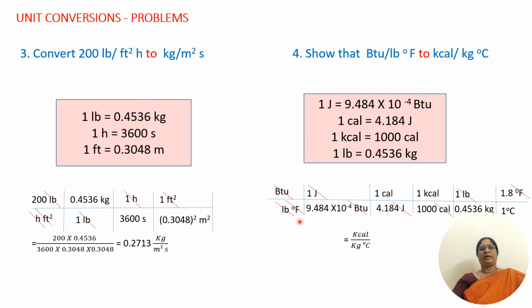Finally, for degree Fahrenheit to Celsius, it is delta 1.8 degree Fahrenheit is equal to delta 1 degree Celsius, so that Fahrenheit gets cancelled. When you multiply all the terms in the numerator and divide all the numerals in the denominator, you'll be getting the value as 1. So hence we have proved that 1 BTU per lb degree Fahrenheit is equal to 1 kilocalorie per kg degree Celsius.